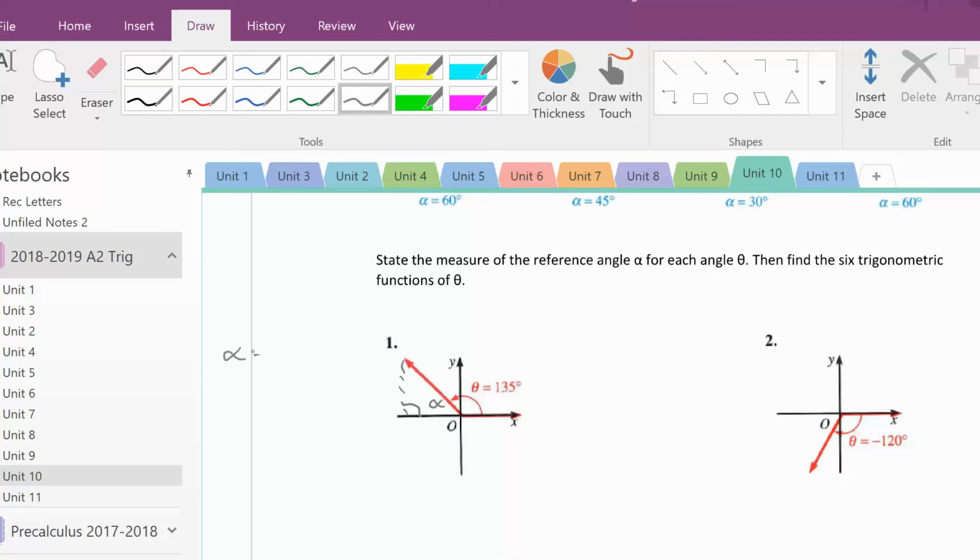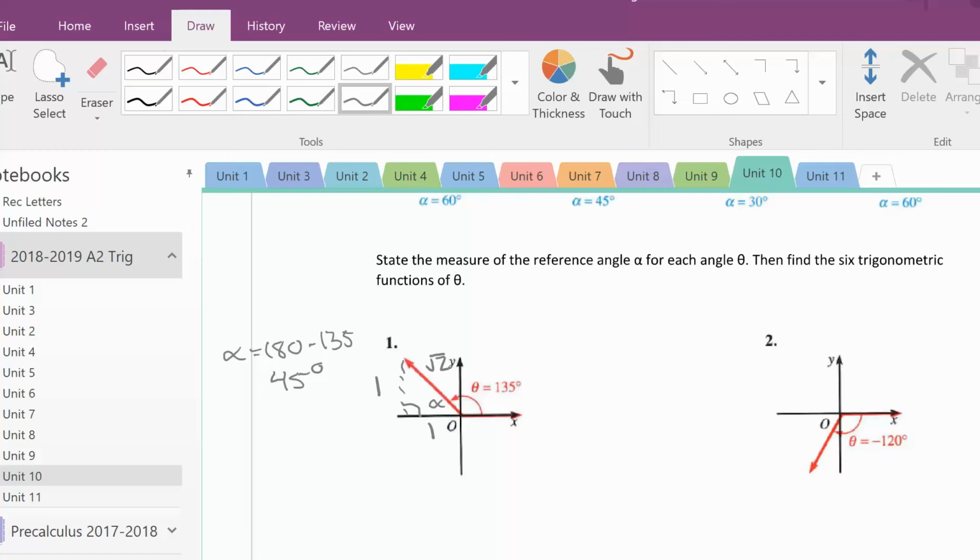So alpha is going to be 180 minus 135, which is equal to 45 degrees. So the reference angle is 45 degrees, which means we have a 45, 45, 90 right triangle, which means the ratios are that the opposite sides are the same, 1 and 1, and the hypotenuse is the square root of 2 times bigger.